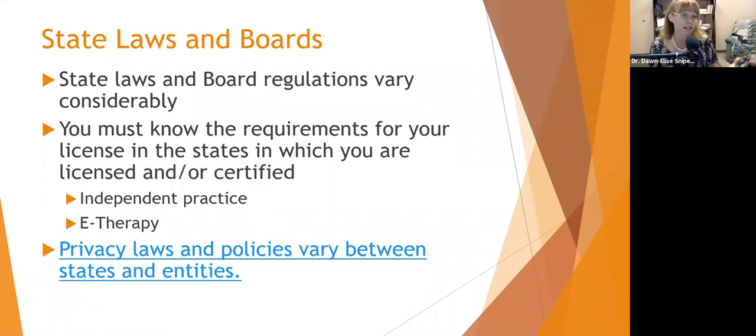So if you're seeing a client in Tennessee, what privacy laws govern their stuff, and if you're seeing a client in Florida, obviously what privacy laws govern their stuff, if there are any differences. The best thing to do when handling differences between states is, when at all possible, write your standard operating procedures to conform to the most restrictive states' privacy laws.